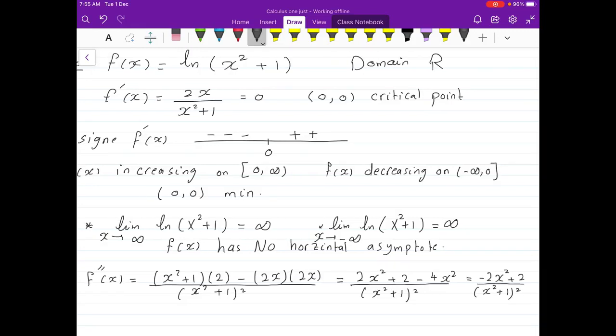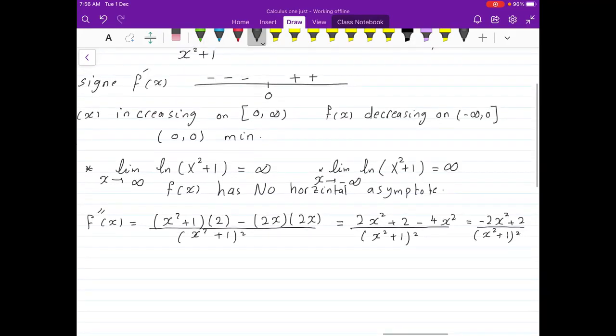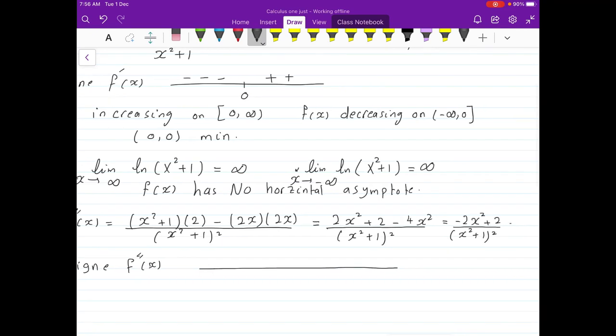So we differentiate and simplify 2 times x squared plus 2. So to study the sign for f double prime of x, notice we study the sign when it is equal to 0.